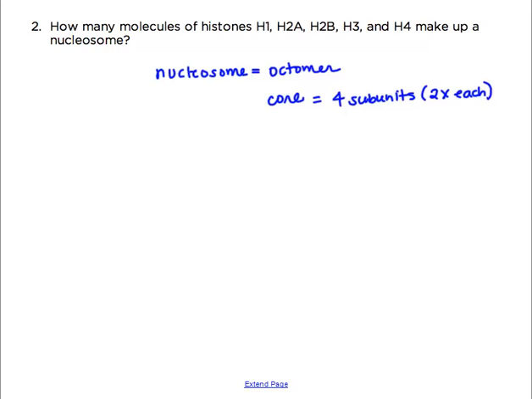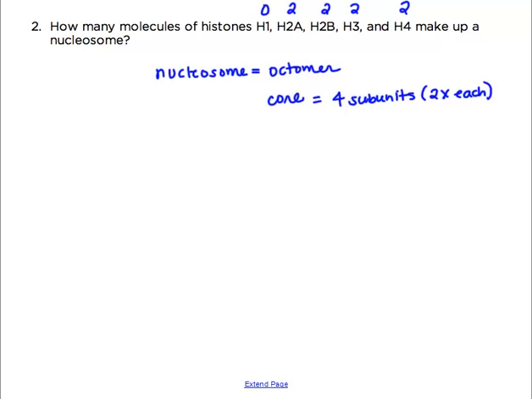So really this question is just to jog your memory of the theory of which of these histone proteins are forming the core nucleosome. So if you remember, the core nucleosome is made from H2A, H2B, H3, and H4. So these 4 histones are present twice. And H1 isn't present at all in the core nucleosome.